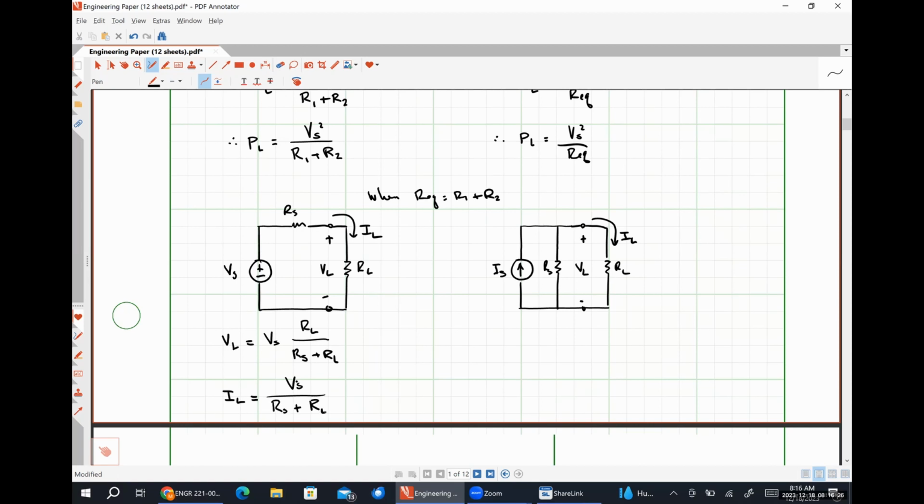Let's look over here on the right-hand side. What would VL be? I think we can just use Ohm's law. Yeah, IS times the equivalent resistance, which would be RS RL over RS plus RL.